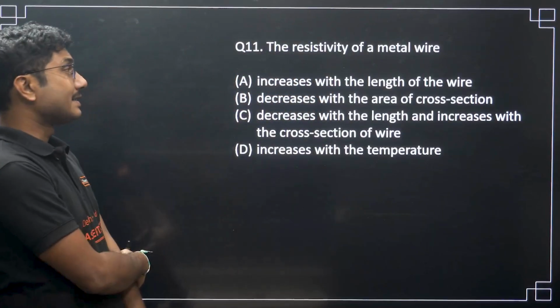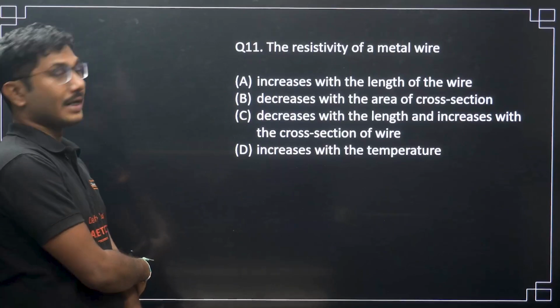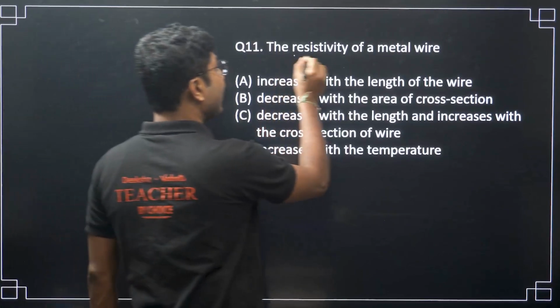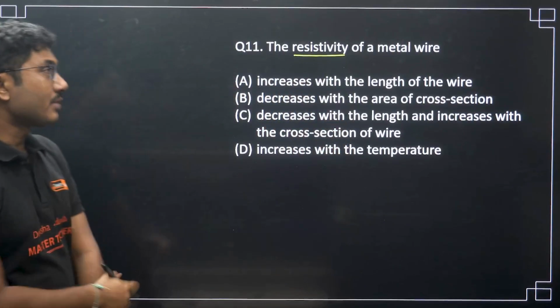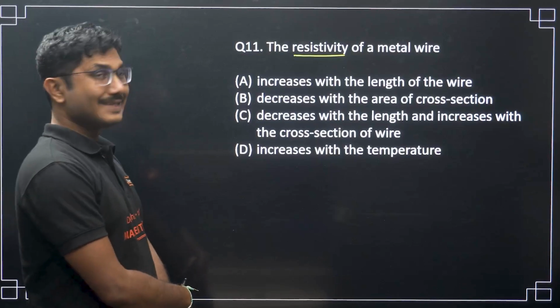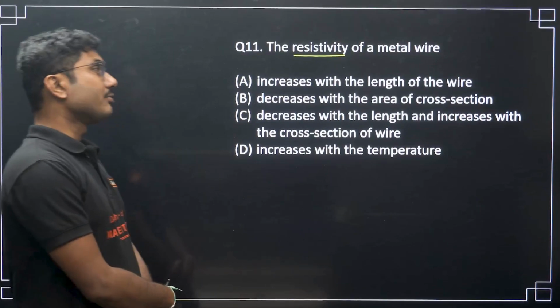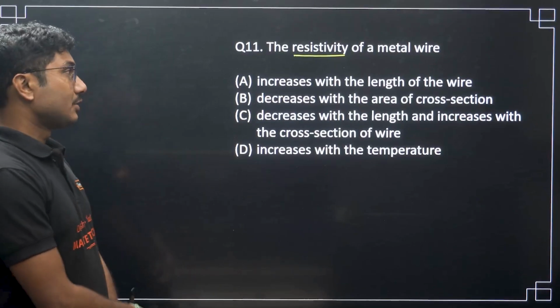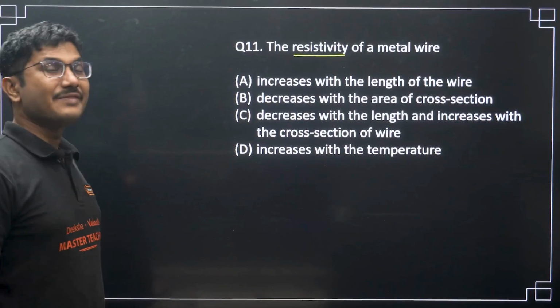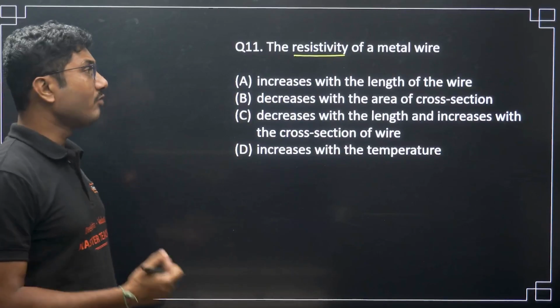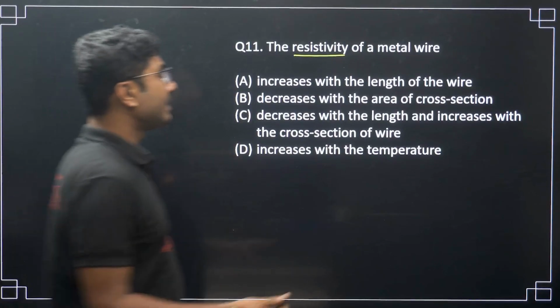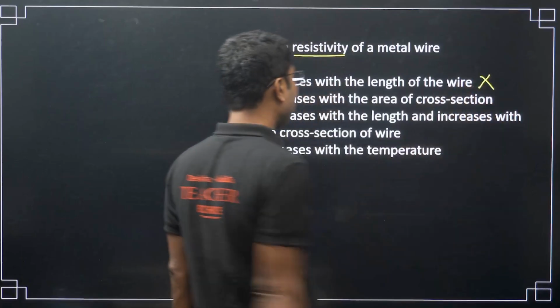Okay, the resistivity of a metal wire. Now we are talking about resistivity. Conductivity we have discussed once, now we are discussing resistivity. Increases with the length of the wire? Resistivity or specific resistance is independent of the length of the wire, right? So it does not increase, so this is a wrong statement.